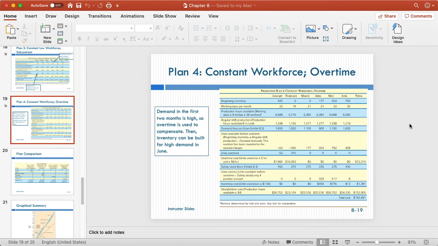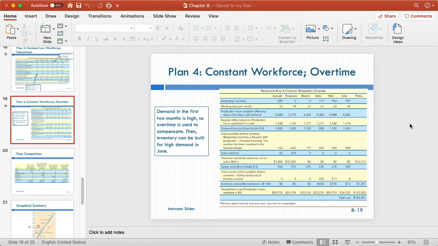But for some months, if you don't have enough inventory, but you only have those workers, you will not subcontract with the outside supplier. What do you need to do? You need those workers to work more.